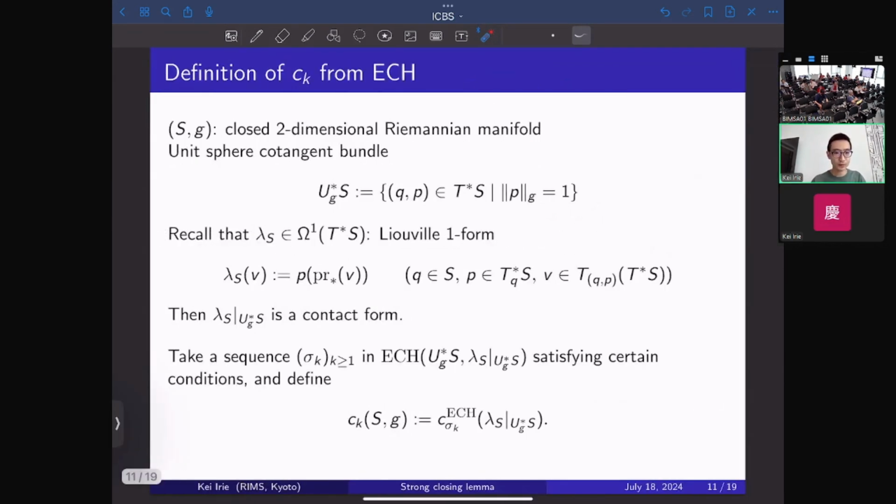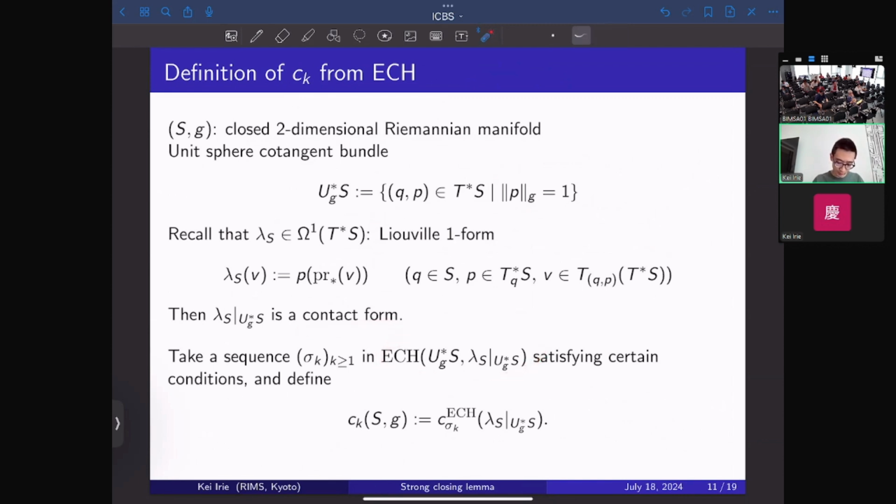And now, if we have a closed two-dimensional Riemannian manifold (S, g), we consider its unit cotangent bundle, which is a hypersurface in the cotangent bundle consisting of cotangent vectors of unit length. This is a three-manifold, and the Liouville form restricted to the unit cotangent bundle is a contact form. So we can consider its ECH.